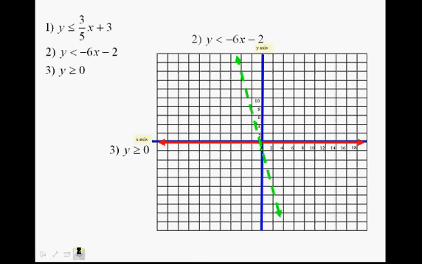Let's look at the next graph. So here it is with the dots, and it's connected. Now it's less than, so it's a dashed line. Y is less than. Take a look at the y-axis here. If we go up the y-axis, what happens? The numbers get higher and higher, 8, 10, 12, 14, 16.